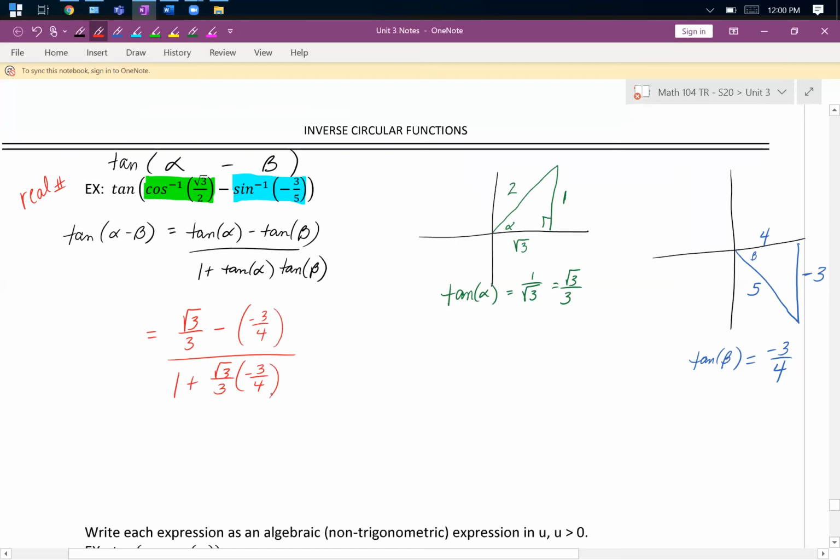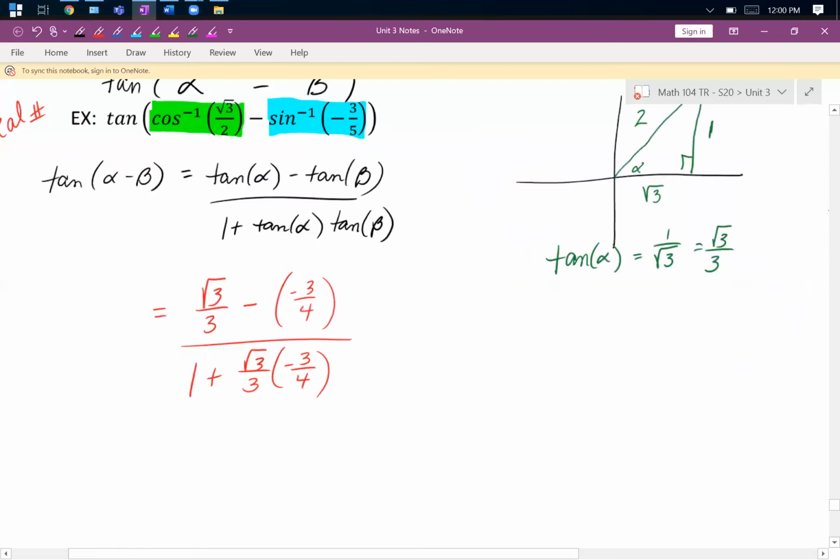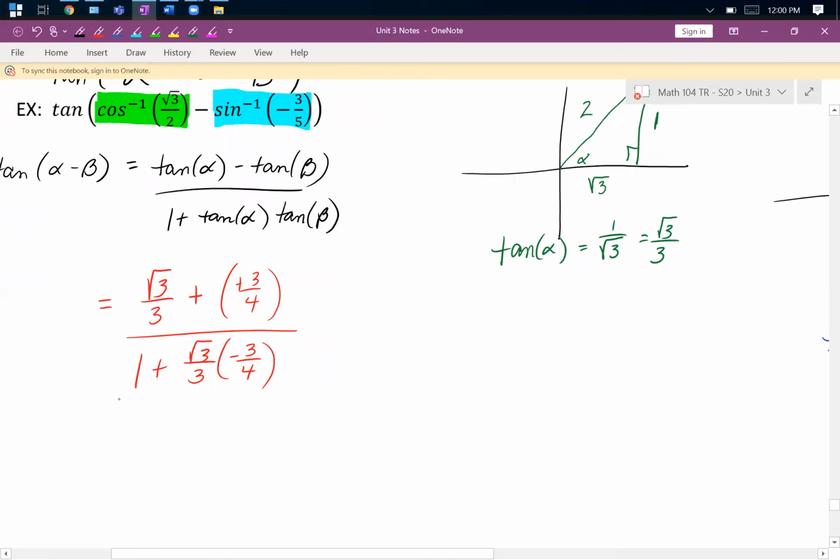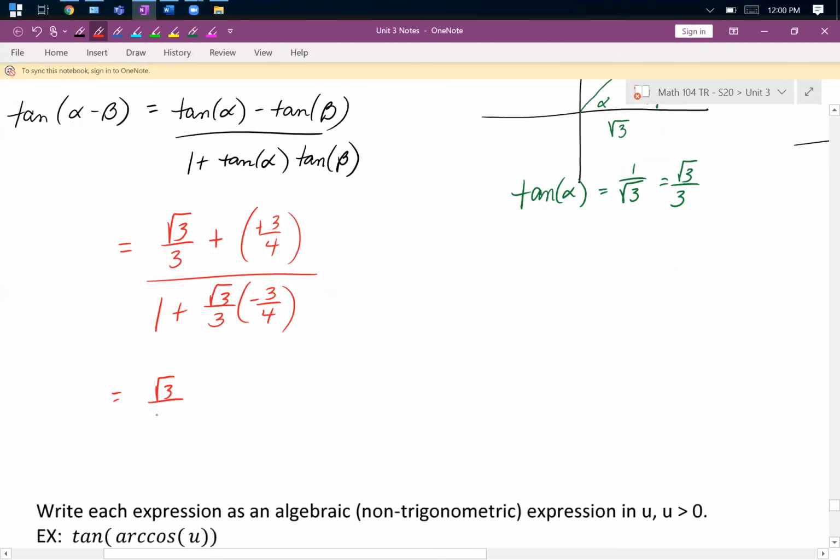And we just need to clean this up. So this double negative will turn plus. In the bottom here, I got a positive times a negative, so that's going to turn negative, and then our 3's cancel out, so we're looking at square root of 3 over 4.